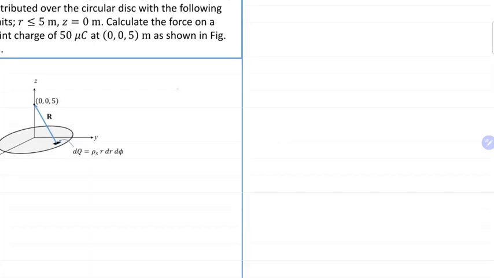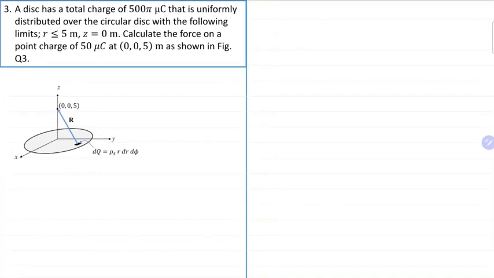So in cylindrical coordinates, if I redraw this, we want to define a small change in the area, call it dA.